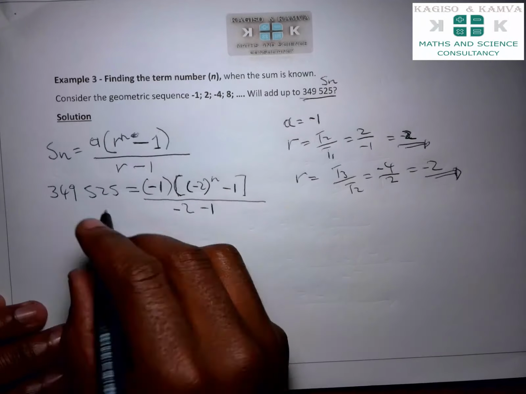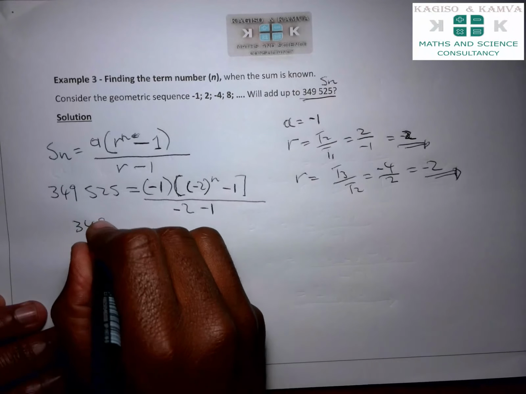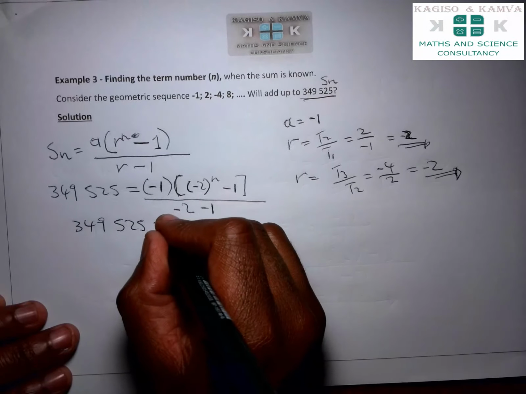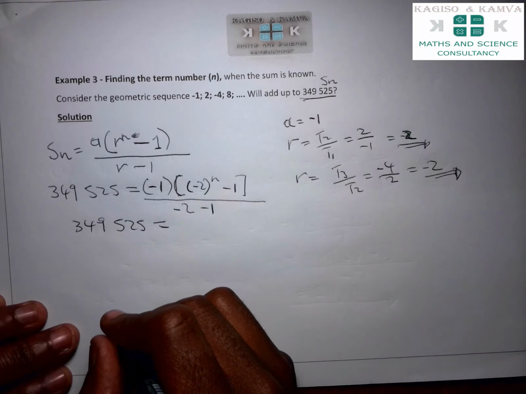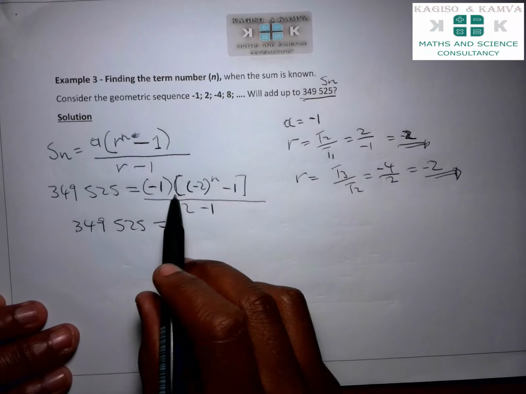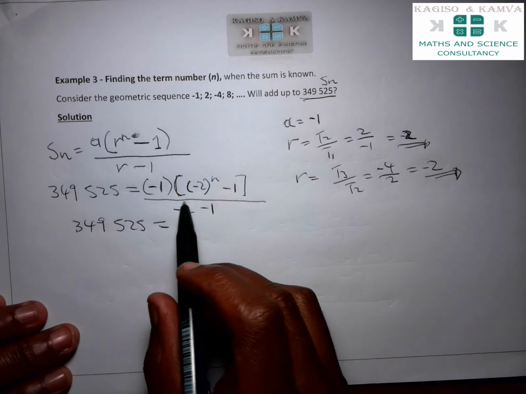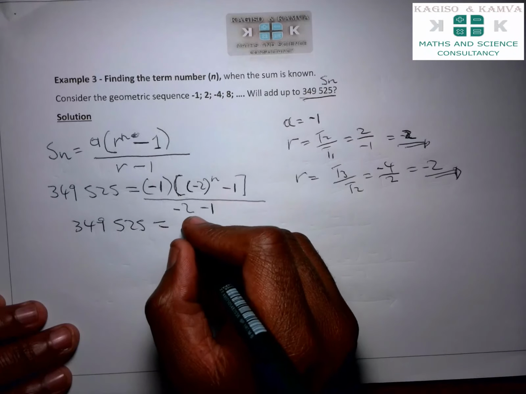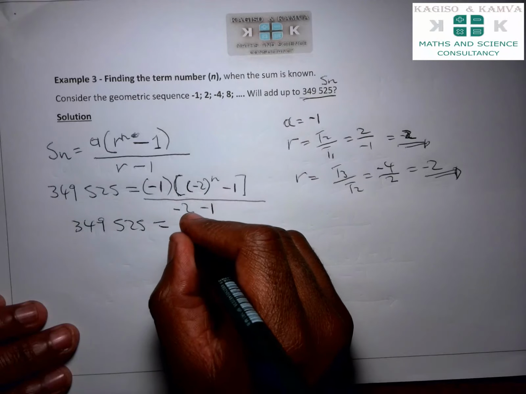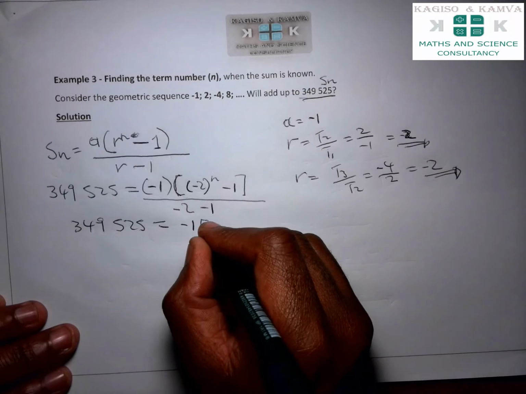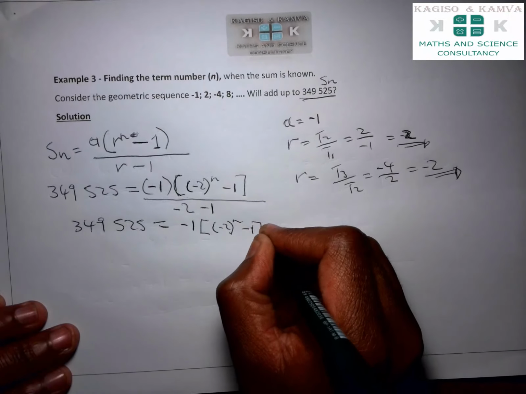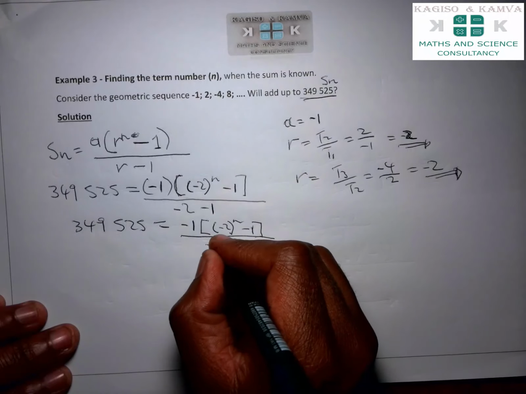Okay, this is going to be 349,525, which is equal to -1 into (-2 to the n minus 1) over -3.